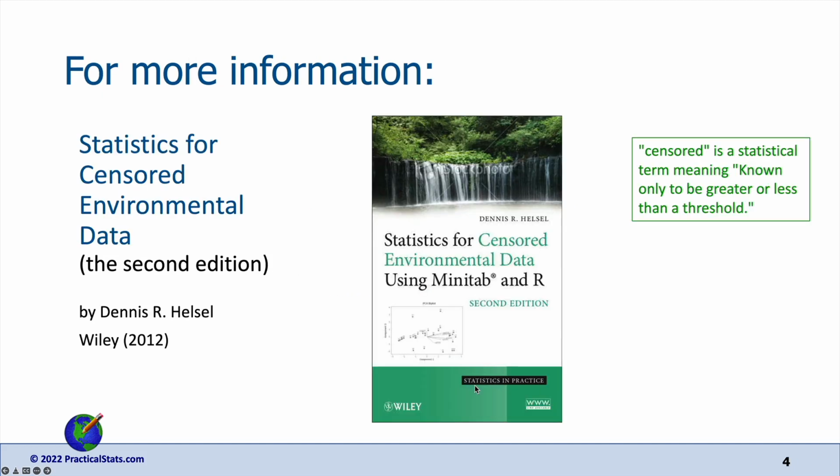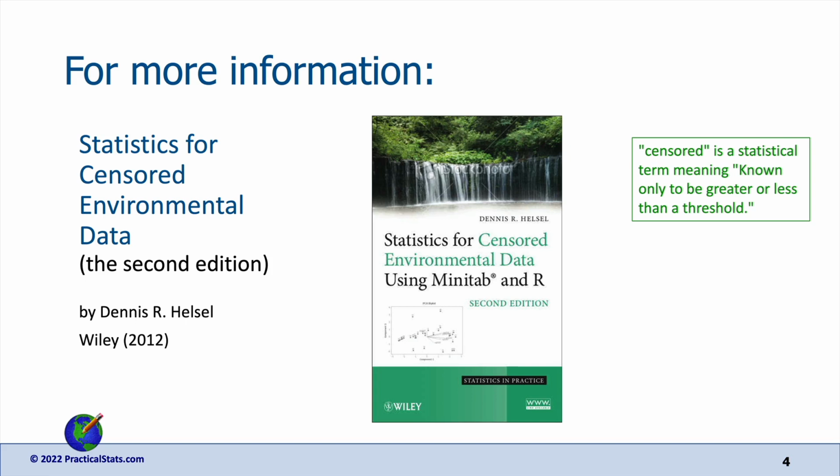If you don't remember anything else, there's more information on what we're going to talk about today and what we're going to talk about in May on methods for data with non-detects in a book that I wrote called Statistics for Censored Environmental Data using Minitab and R. It's the second edition. It came out in 2012, and the first edition came out about 2004 or 5 under a different title.